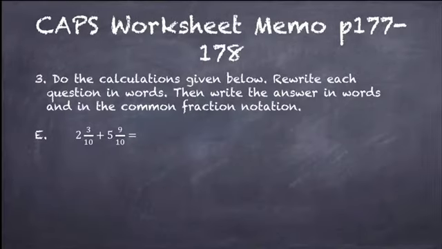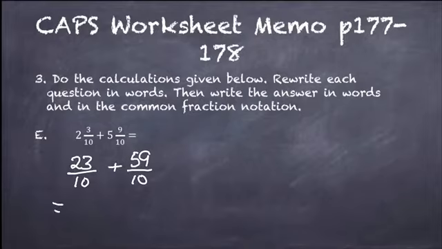The next one, do the calculations again, and here we've got whole numbers. We're first going to make the mixed numbers improper fractions by multiplying at the bottom and then adding to the top. So 2 times 10 is 20 plus 3 is 23 over 10 plus 5 times 10 is 50, plus 9 is 59 over 10.